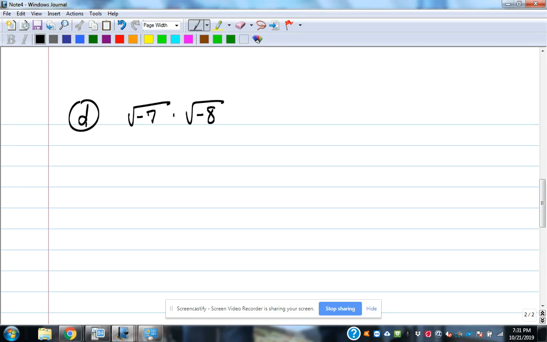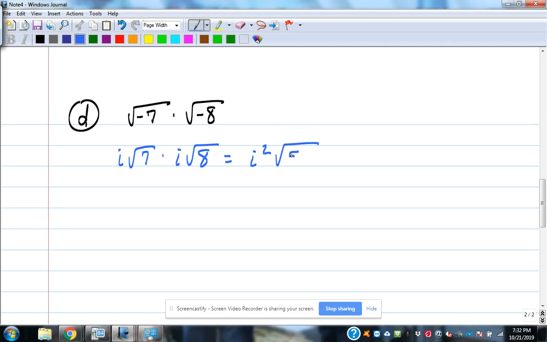When there are negatives on the inside, we've got to get the negatives out of there first before we do anything else. So what I do is I just pull out the i, and then do the math from there. Okay, and this is where that chart that we wrote at the beginning of the lesson comes back. Because when I multiply i times i, it's just like if I multiplied x times x. x times x is x squared. i times i will be i squared.